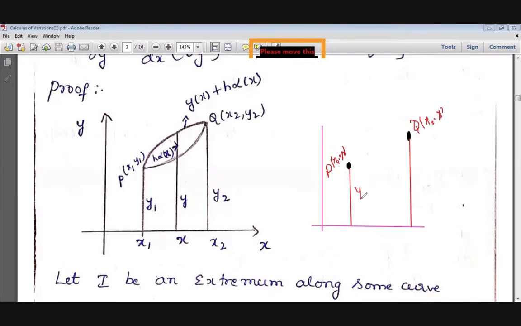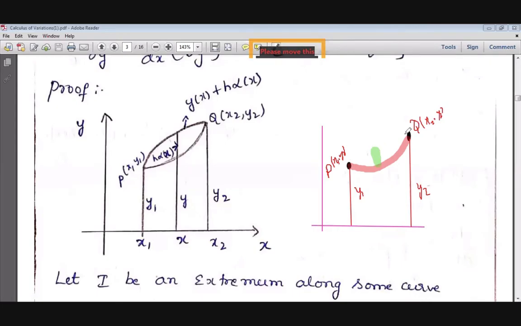This is y1. This is y2. Okay. Next, I will take one curve. This is the curve. Okay. Next, I will take a small length, very small length, this much length, very small length I will take.